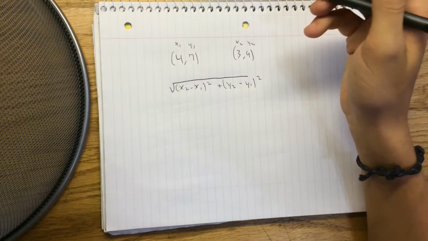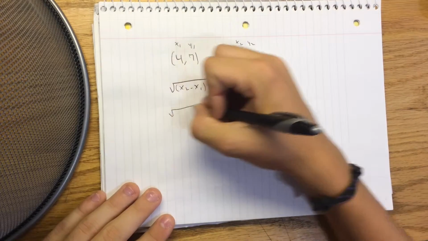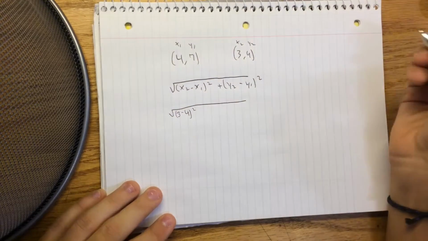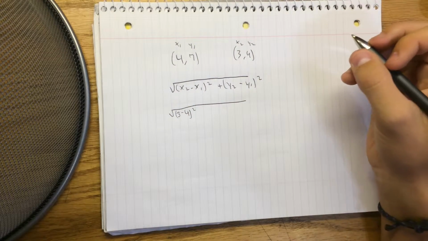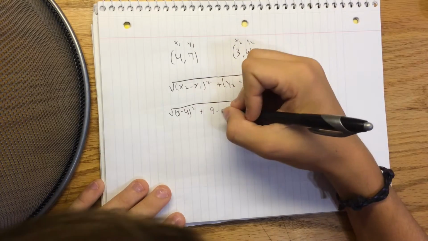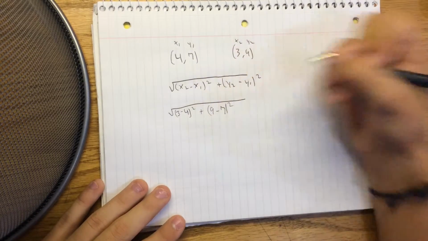Now you just plug it in. So x2 is 3 minus 4, parentheses squared, plus y2 minus y1 is 9 minus 7, parentheses squared.